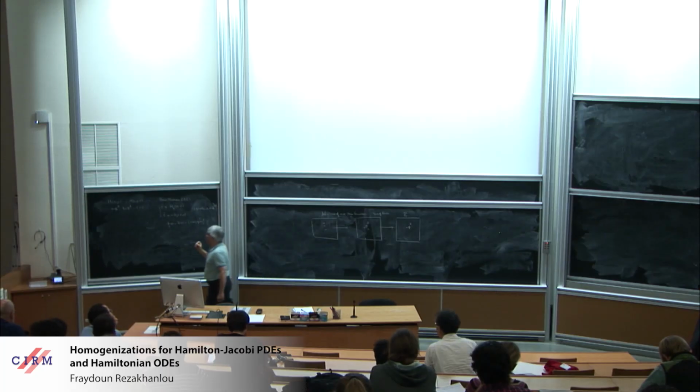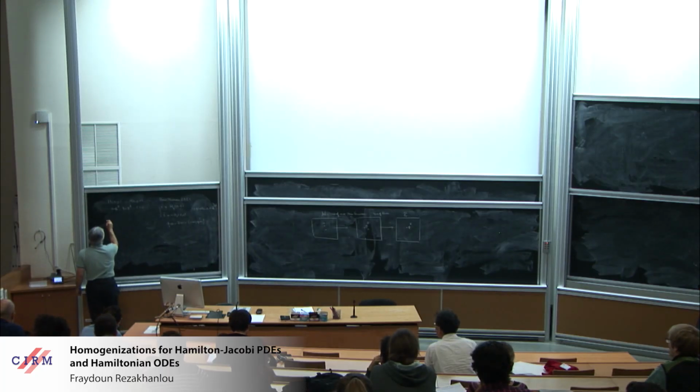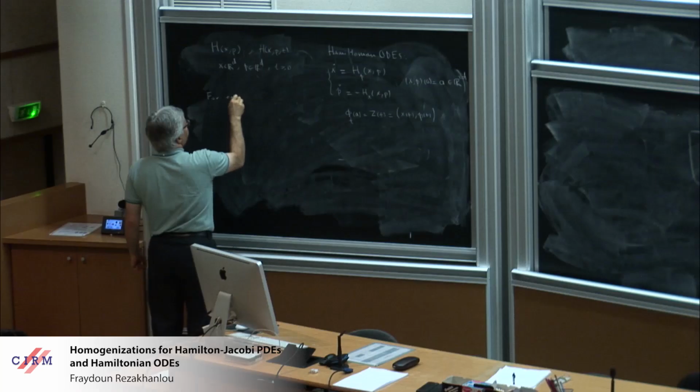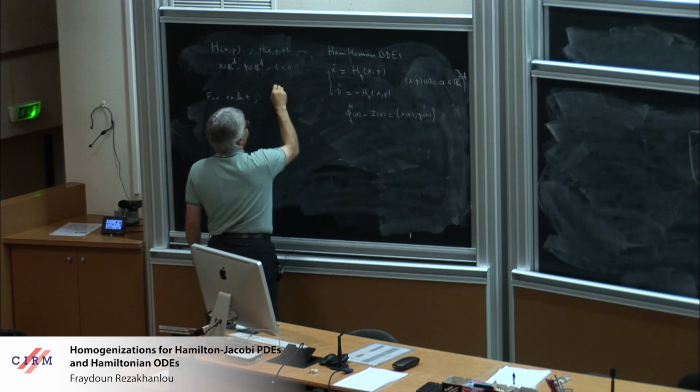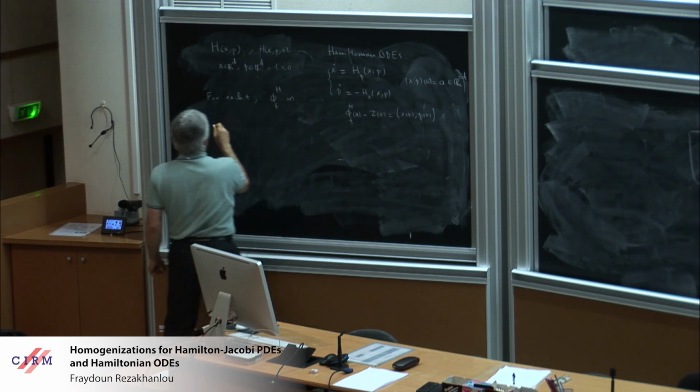So let me make a remark here that for each t, phi_t^H is a symplectic map.